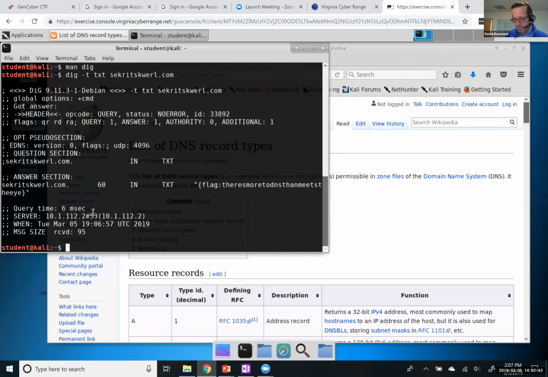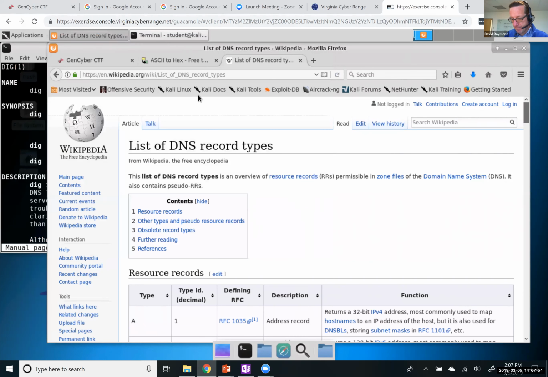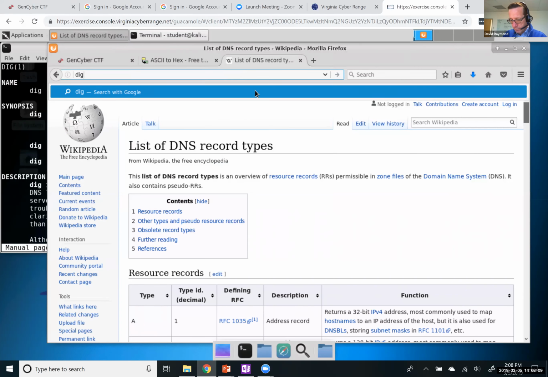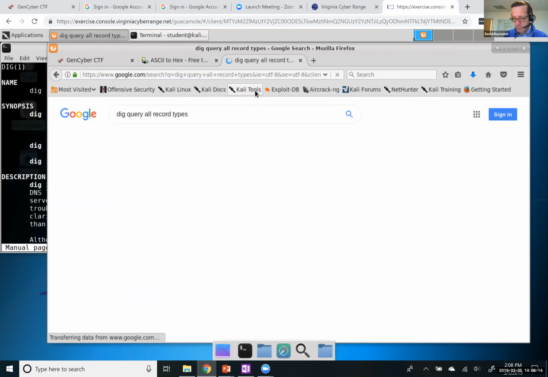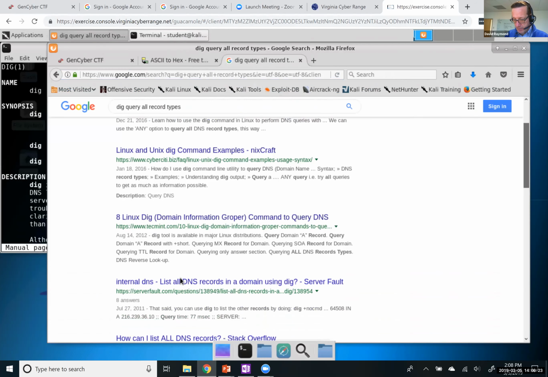There is a way to use dig to just spit out all of the record types about a particular domain, and I forget how to do that. Let's Google that. If you have any CTF challenge that is driving you towards DNS, and you dig and just spit out all the record types, you might hit pay dirt really easily. So if I search dig query all record types, command examples to query DNS, list all DNS records on domain using dig.